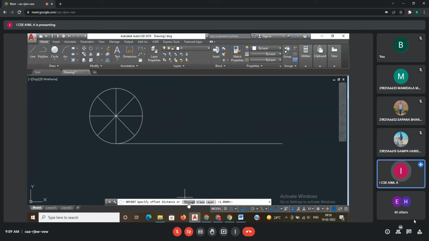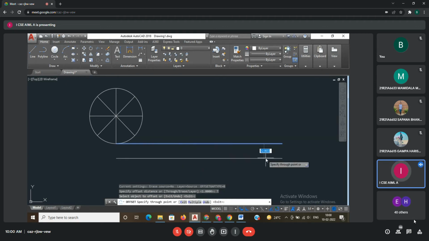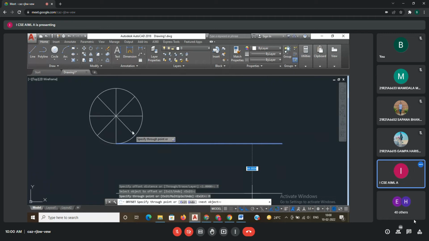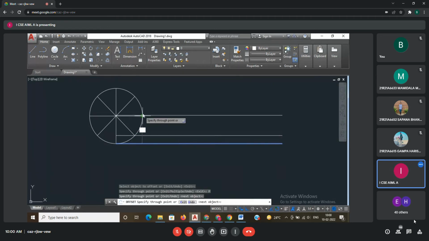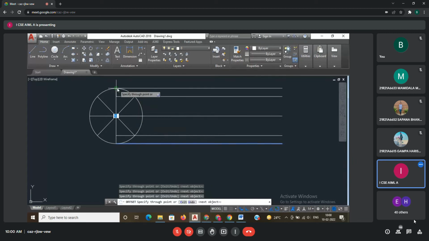Select this through option, then select the line. After that, don't select this end point. Again, we have options in the command prompt. What are those options? Multi. Select multi, then go for selecting the points, the end points. Okay, you will get it automatically.